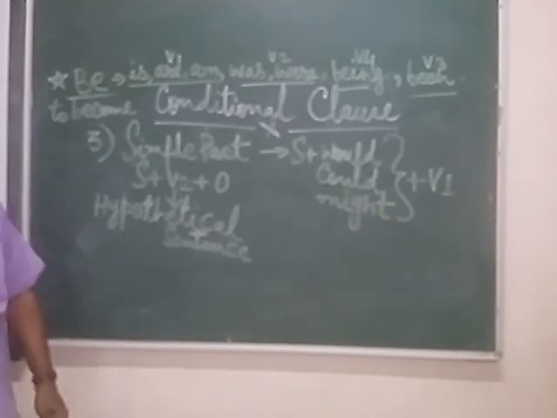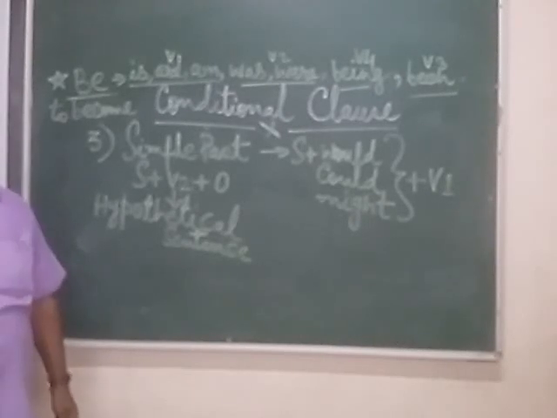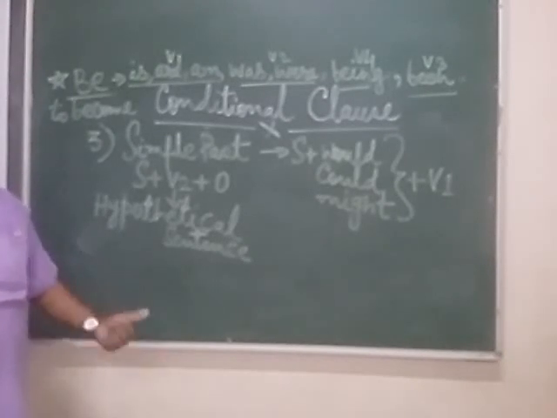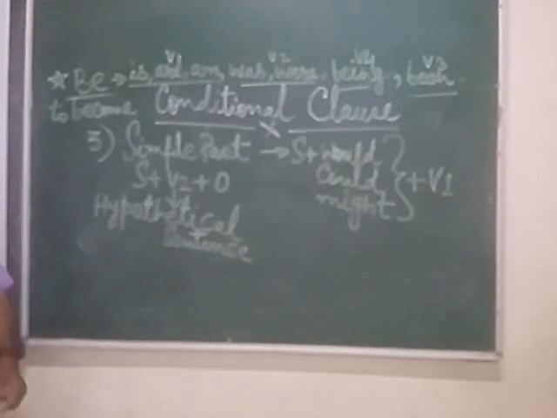Another sentence in Hindi, यदि मैं चिड़िया होता तो दिन रात उड़ता. So at present I am not a bird and I cannot fly day and night. But this is hypothetical. That is imagined. You are imagining. That is called a hypothetical sentence.